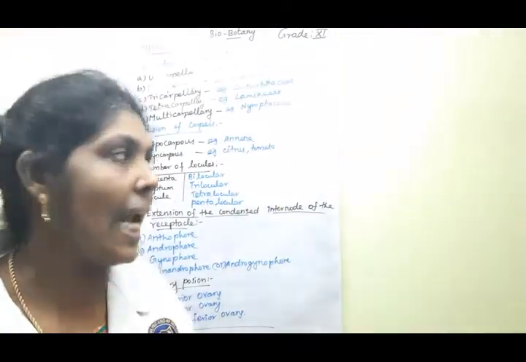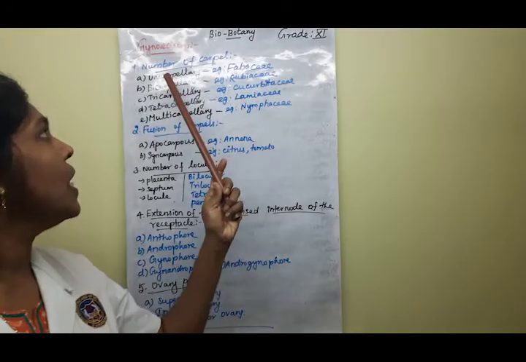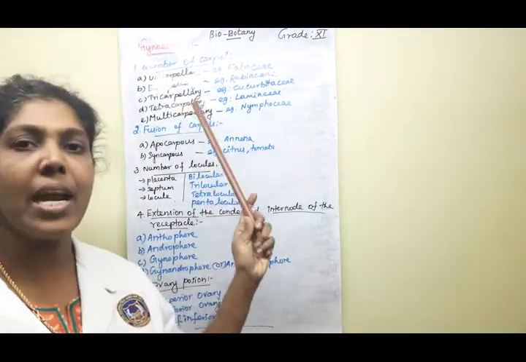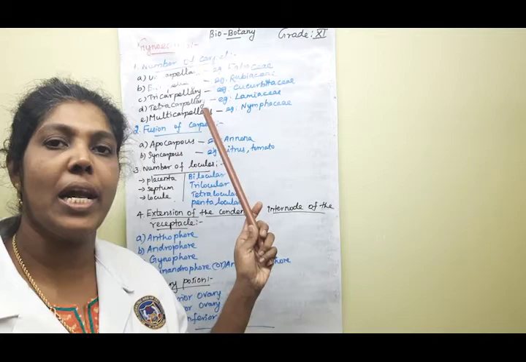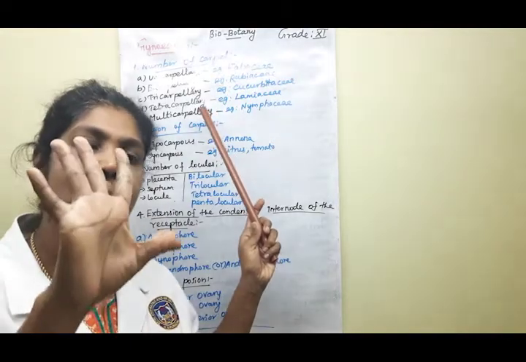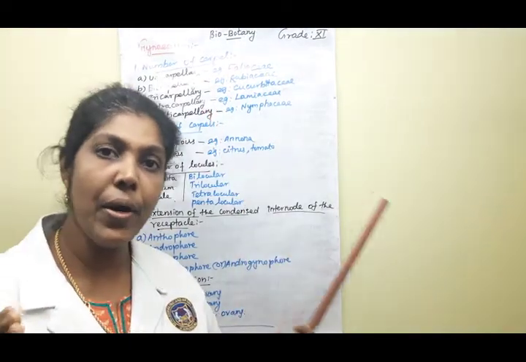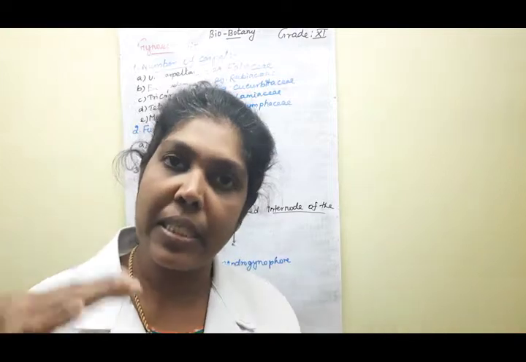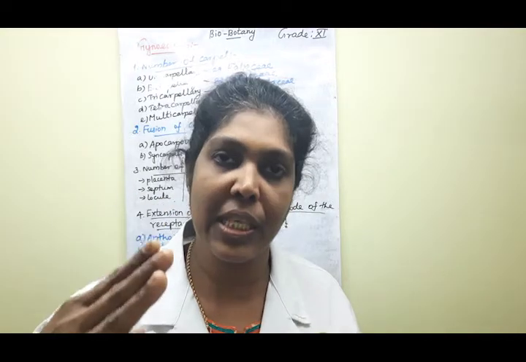So the first one is unicarpellary, bicarpellary, tricarpellary, tetracarpellary and pentacarpellary. The name itself gives the answer. Unicarpellary: how many carpels are there?